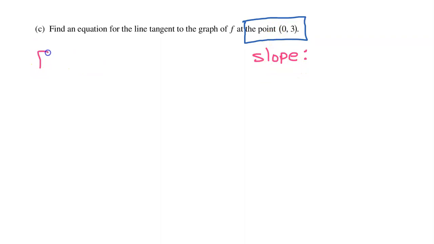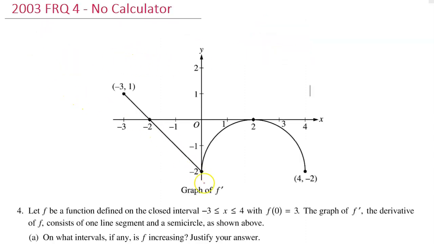And we know in calculus that when you need to find a slope, you use the derivative. So we just need to find f prime at 0, the x-coordinate of our point. Since we are given the graph of f prime, we can easily see that f prime at 0 is -2.